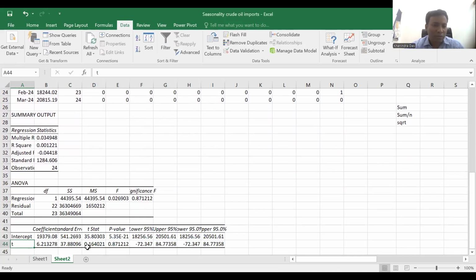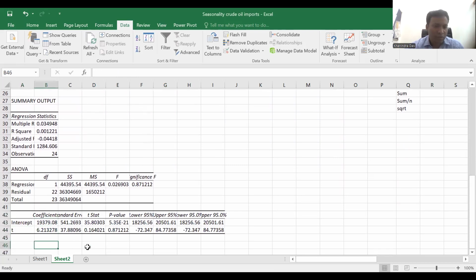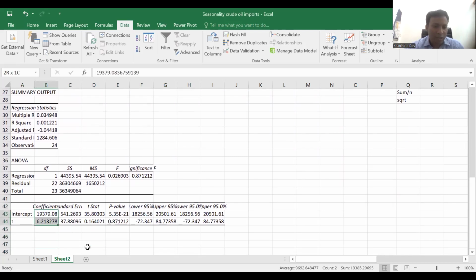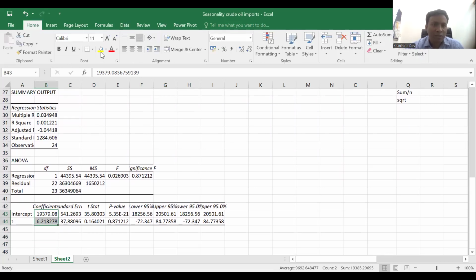So this is what we get. Our intercept for the trend equation is 19379, and for the time trend, we get the value of 6.2.